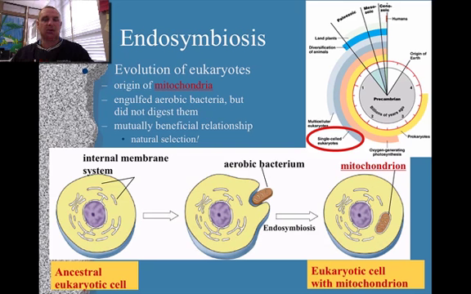The mitochondria was the aerobic bacteria that was ingested, and the eukaryotic cell did not break it down. So it allowed this aerobic bacteria to continue to live inside of it in a symbiotic relationship in which it provided the raw materials, and then in return this aerobic bacteria provided energy for the eukaryotic cell.